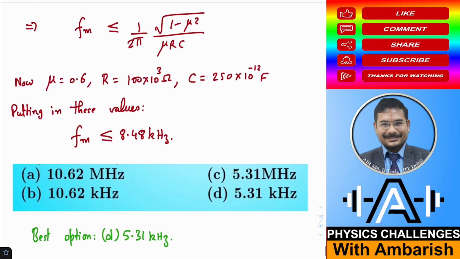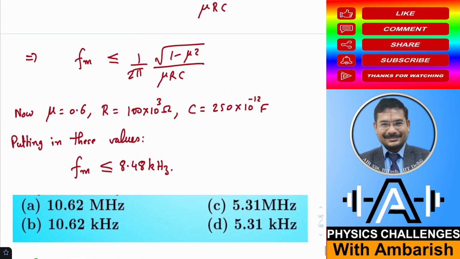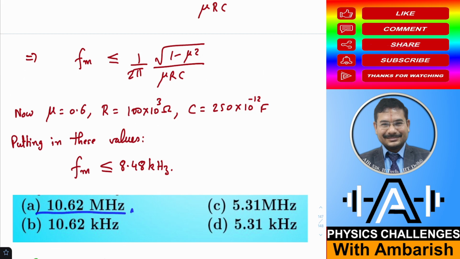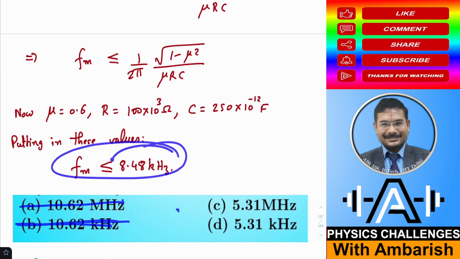But the 8.48 kilohertz option is not there in any of them. We have 10.62 megahertz, 5.31 megahertz, 10.62 kilohertz and 5.31 kilohertz. There is no 8.4 kilohertz anywhere. So which one is the best option? This one is out of range and this one is also out of range. Don't round it off.